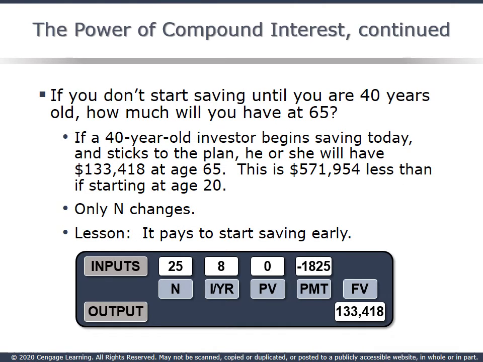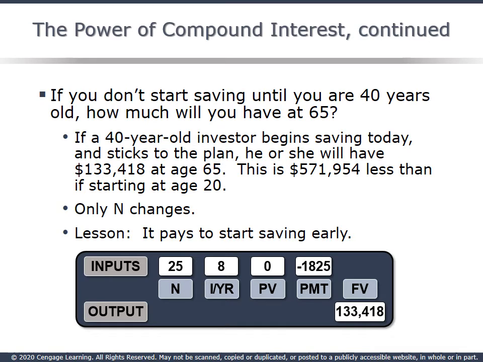Okay? What if she doesn't start this savings plan till she's 40. Everything stays the same. Her payment is still $1,825. The interest rate offered on this account is 8, but she's not making as many payments. She doesn't start this series of deposits into this brokerage account until she's 40.